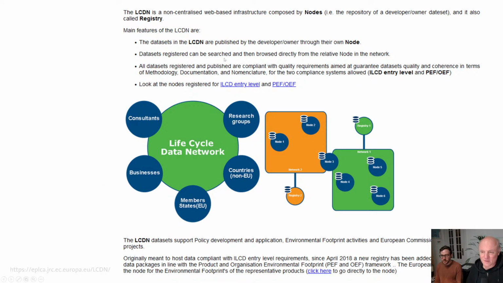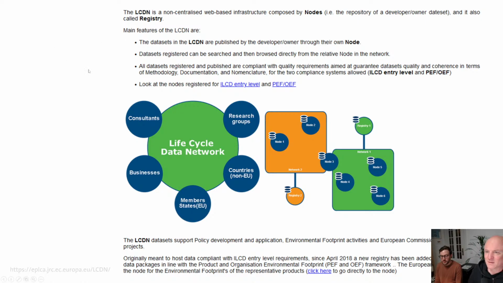The basic idea for this life cycle data network, which is in preparation, as you believe, from the central website that I shared initially, is this green circle where you have the data network and then different entities, the blue bubbles, connecting to this and basically exchanging data. That is, of course, a very nice idea, I think.